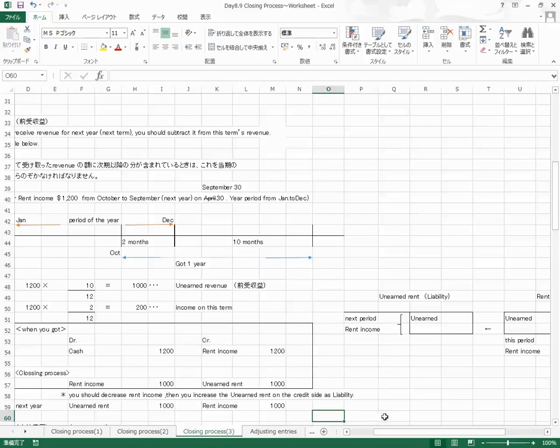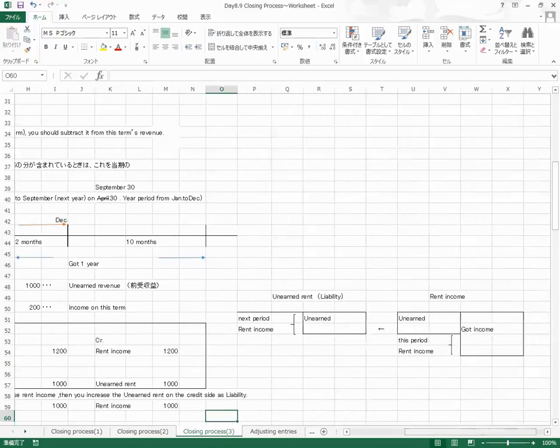Yeah, the system of thinking is the same as before, but in this case, this is not expense but revenue.